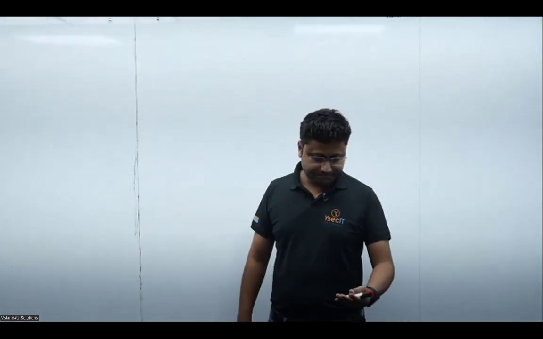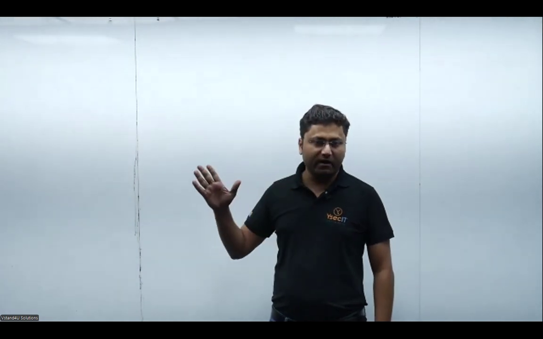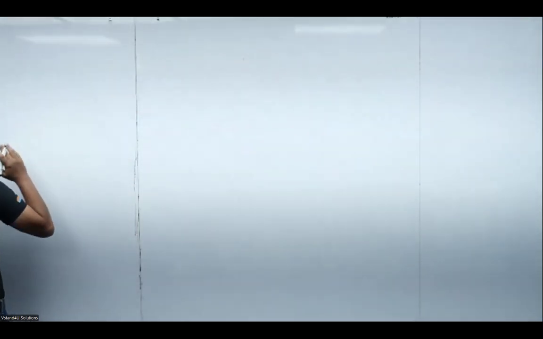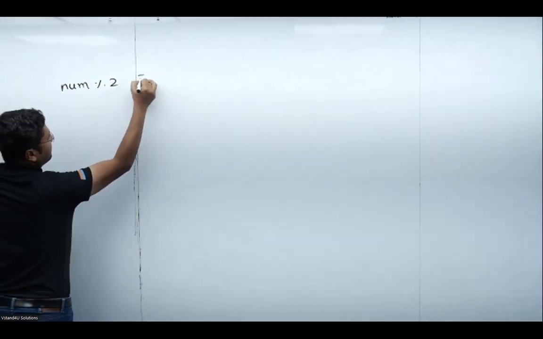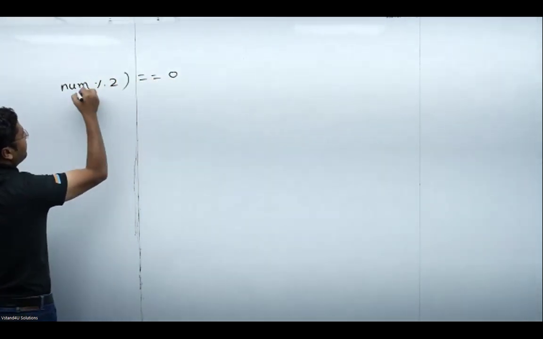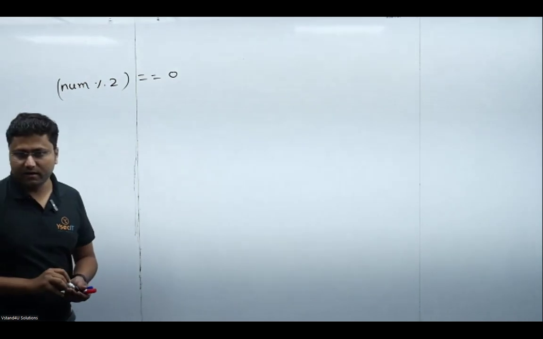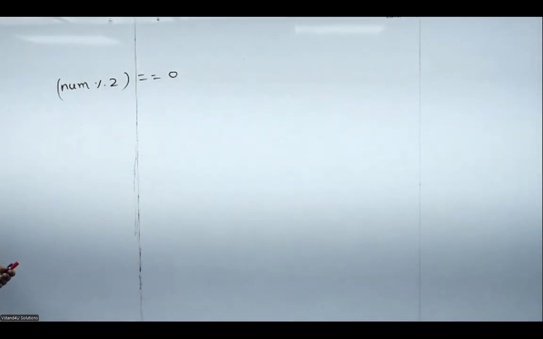Shall we start? What is the criterion for a number to be even? If that number is fully divisible by 2, then it is an even number. How do I check divisibility? What is the formula we always apply? We apply the modulus: if it is completely divisible, it should produce remainder 0. Agree?